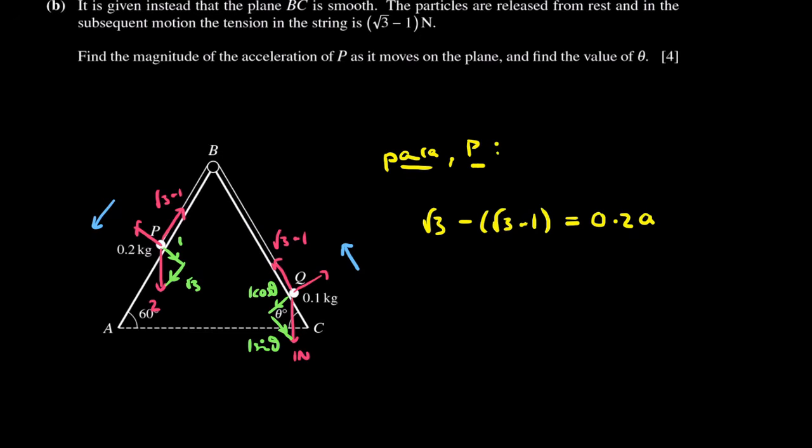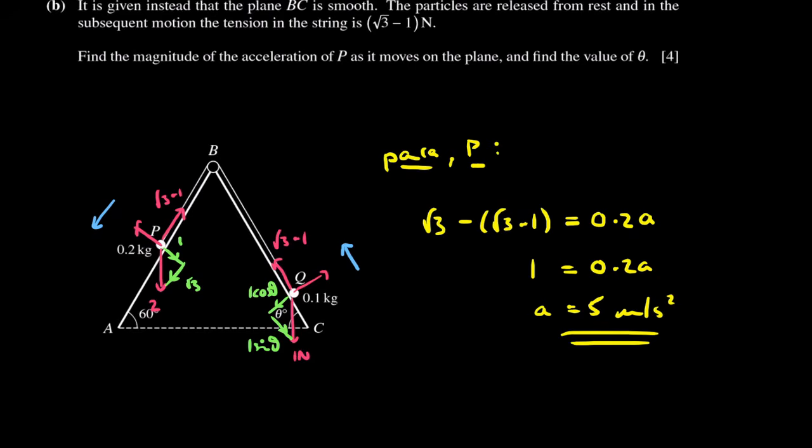So what we've done is Newton's second law: the resultant force, which is root 3 minus this thing, root 3 minus 1, is equal to the mass times the acceleration. We've got to simplify that. So root 3 minus root 3 is 0. 1 minus minus 1 is 1. So 1 is equal to 0.2a. So therefore a is equal to 5 meters per second squared. Okay, so that's that done.